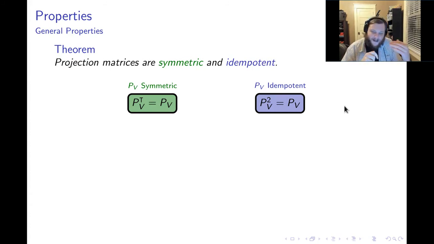What does it mean for the square of a projection matrix to equal itself? Ultimately, what this is saying is that if we project a vector onto a space, and then we try to project again, we won't change the projection. So there's never any need to project a vector twice. Once we project once, we're fixed in the space.